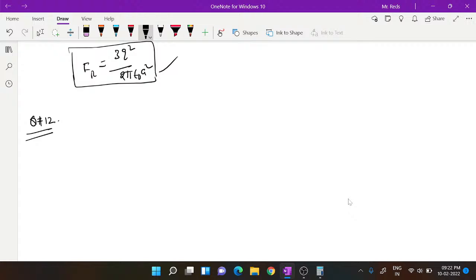Question number 12. The proton of mass m and charge e is released from rest in a uniform electric field of strength E. The time taken by it to travel a distance d in the field is.